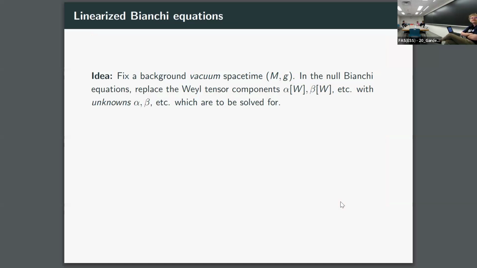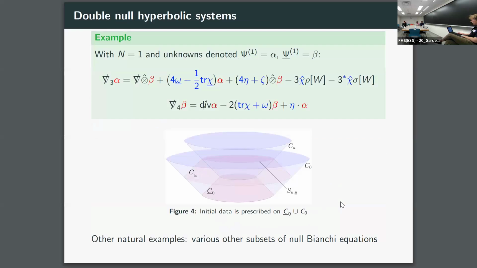Yeah, so after this, what do we want to do? What I want to do is fix a vacuum spacetime in the background, and study the Bianchi equations on this background spacetime. How I'm going to do that is, I've been writing the null Bianchi equations before, which were these equations for the Weyl tensor components alpha, beta and so on. As I did in this example right here, I replaced some of those Weyl tensor components with unknowns.